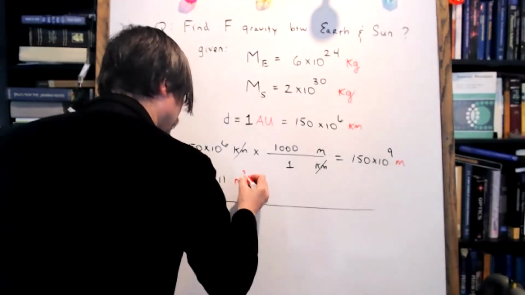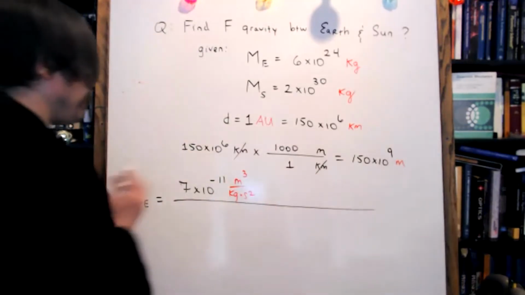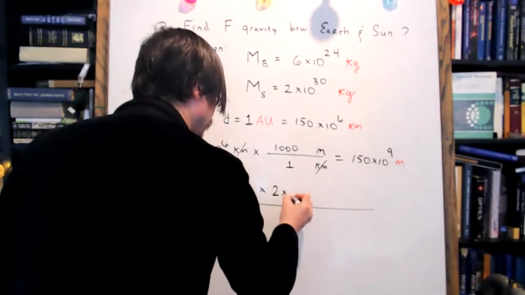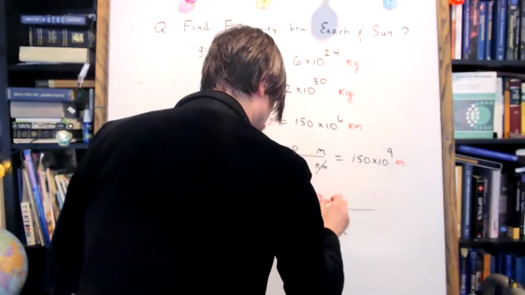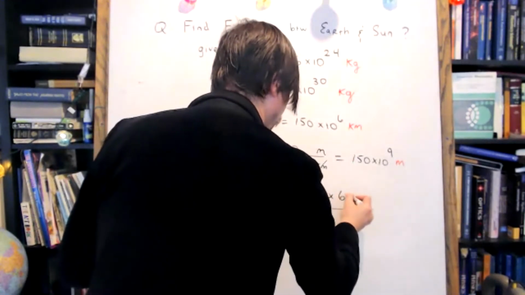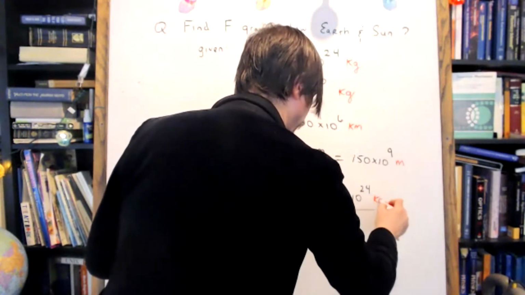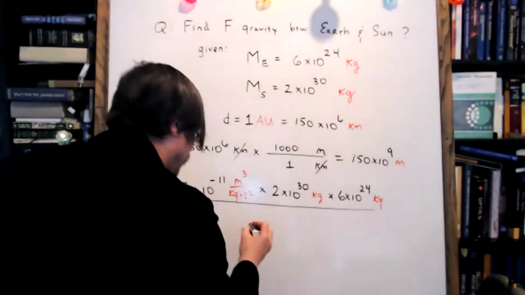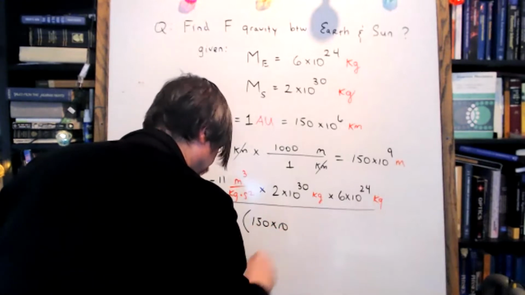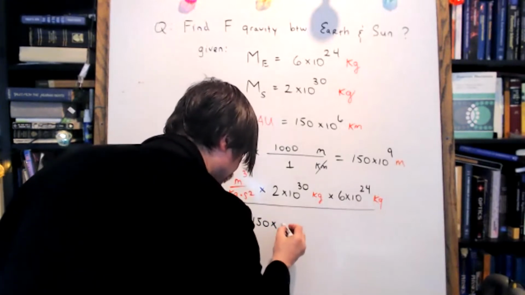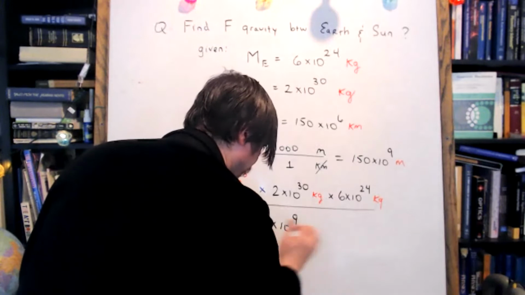The units are meters cubed per kilogram per second squared, times the mass of the sun, 2 times 10 to the 30 kilograms, times the mass of the earth, 6 times 10 to the 24 kilograms, divided by the distance between them squared, 150 billion meters squared.